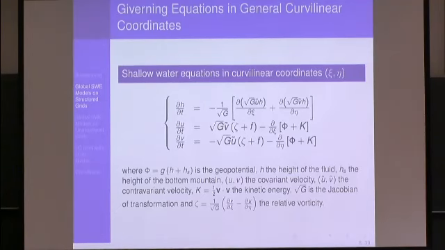Other important quantities include square root of g, the Jacobian of the transformation, and also tilde u, tilde v, which are components of the contravariant velocity. Okay, here is the governing equation. It works on both grids.